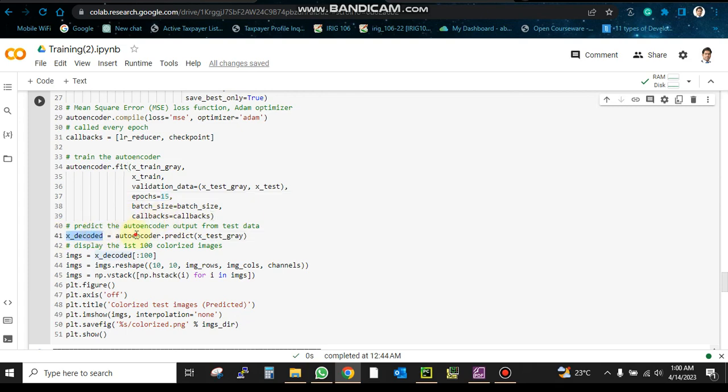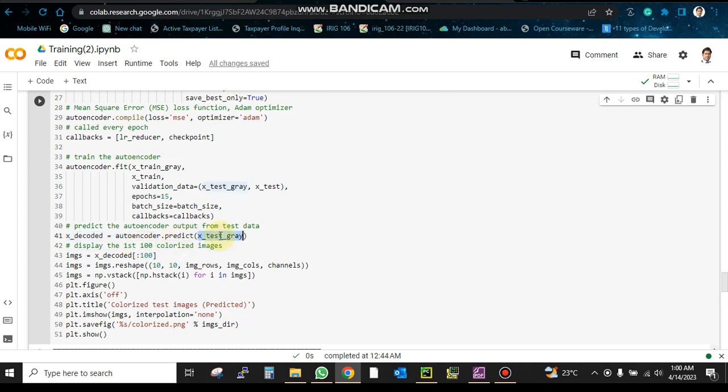After that this is the part where the model is learned. After the fit, the learned model will be saved in this autoencoder variable. Okay, after here the model is trained. This is the line where you can change any input and get the output accordingly.